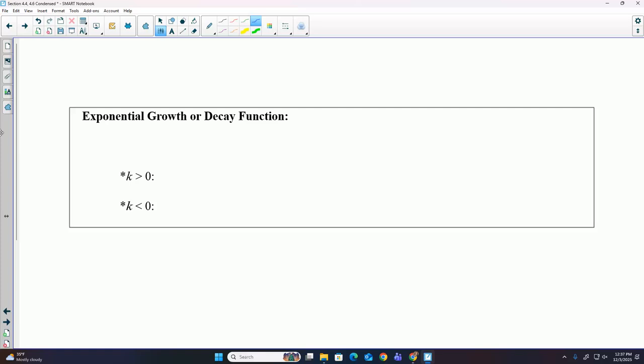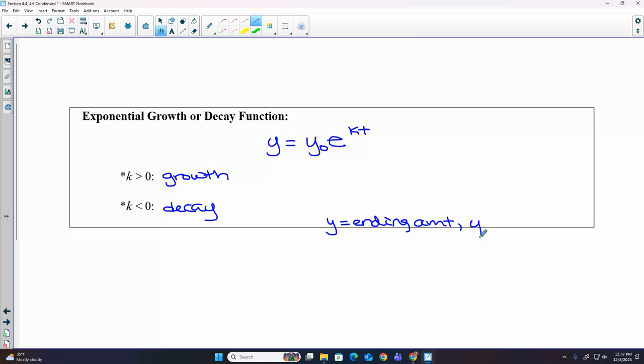If we go back up to the top, the next formula, exponential growth and decay. This one is y equals y sub 0 e to the kt power. K is a constant. If it's greater than 0, you are going to see growth. If it's less than 0, you are going to see decay. Y here represents ending amount. Your y sub 0 is your beginning amount.